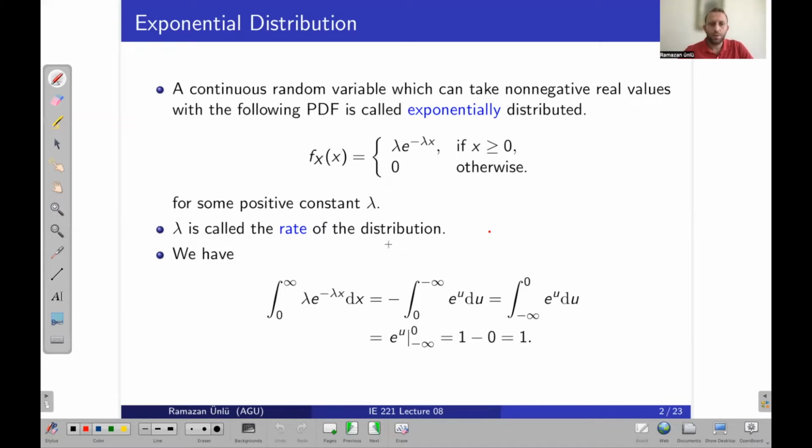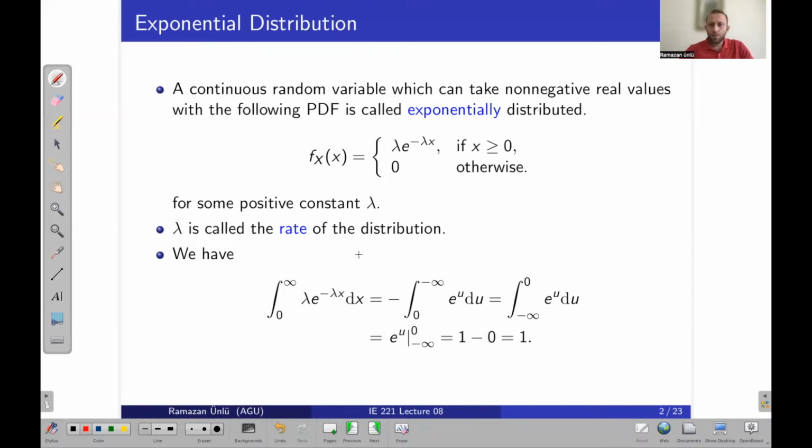The first one is that it should be non-negative. Lambda is a positive value, and e to the minus lambda x is positive, because lambda is positive and x is positive, so the result will be positive. That satisfies the first property.